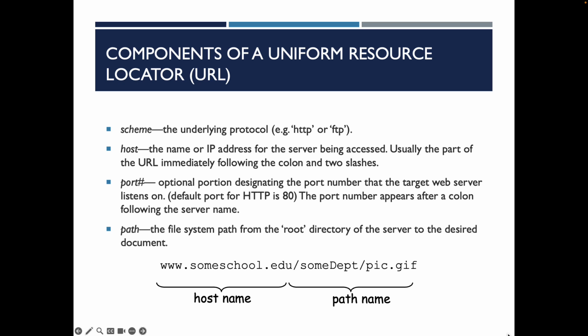And then the third, which we kind of skip, because by default, if I do not specify, for HTTP it is port 80, the default port. But if the web server runs on a different port, then I need to use a colon and then the port number, for example 8090.